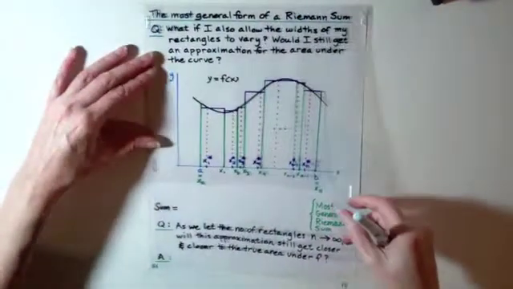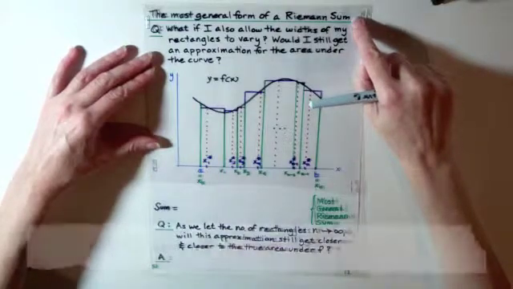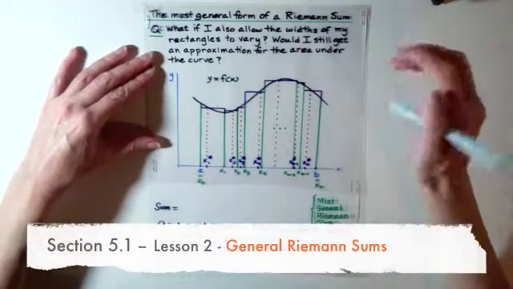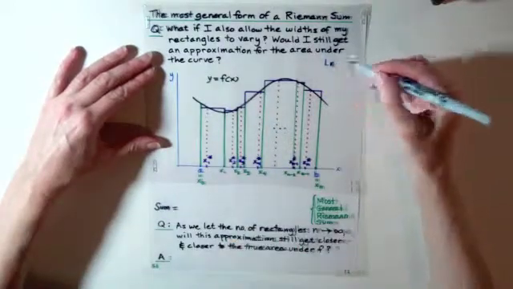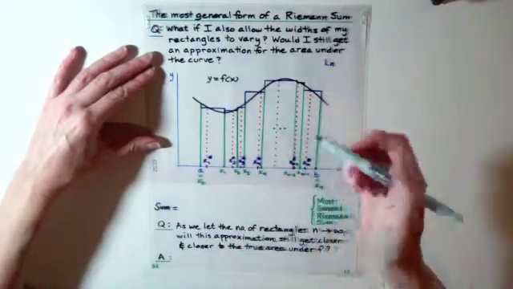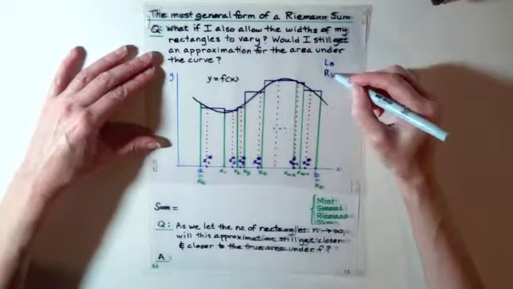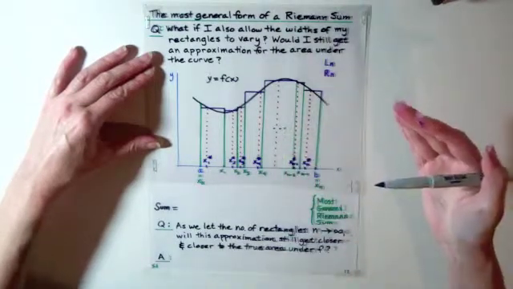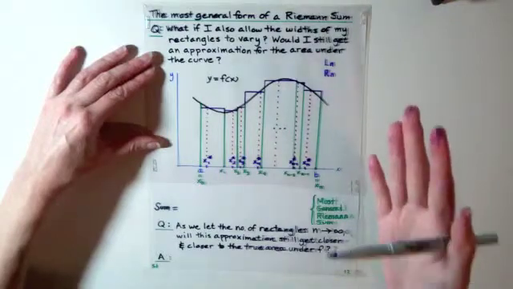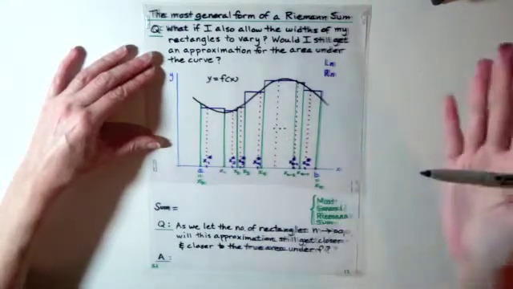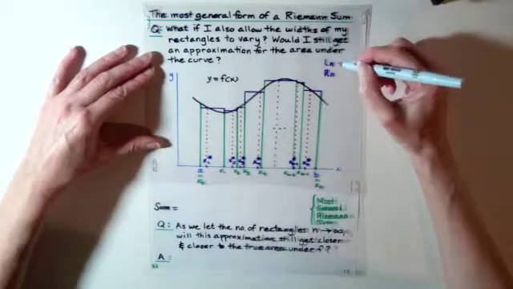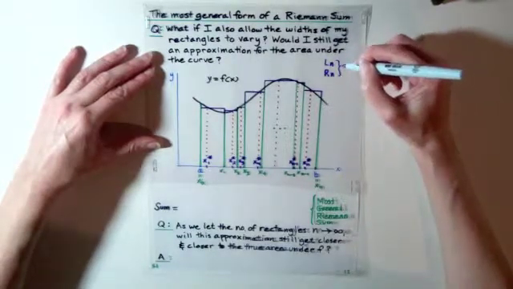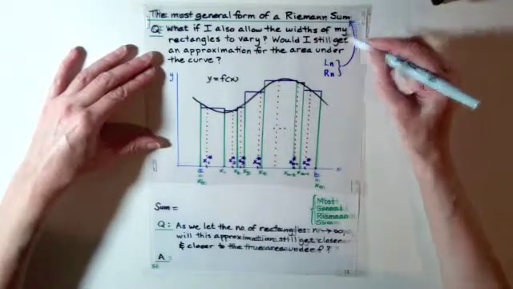Well, now what I'd like us to talk about next is the most general form of a Riemann sum. You might remember that I said that in the general case, L sub n, where you use the left-hand endpoint to create the heights of your rectangles, and R sub n, where you use the right-hand endpoint, or even when you use an intermediate x i star value on each subinterval, that these were special cases or examples of a more general sum called a Riemann sum.